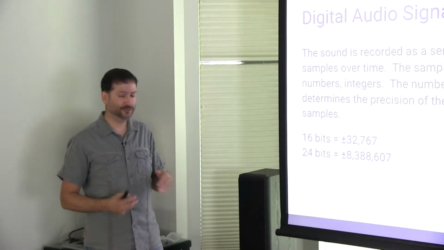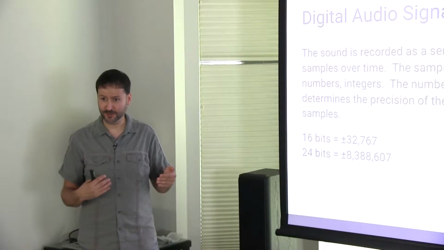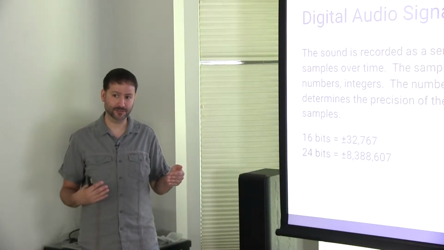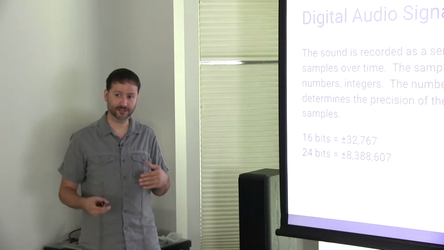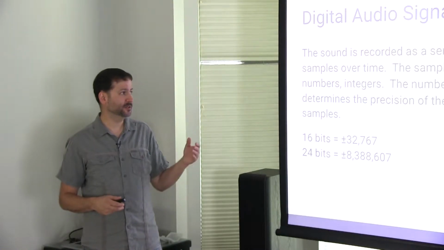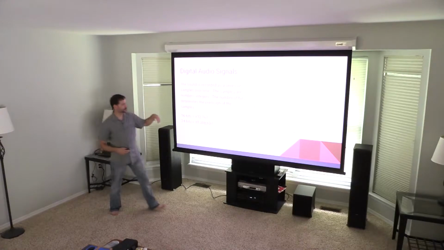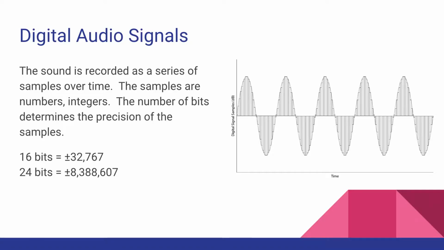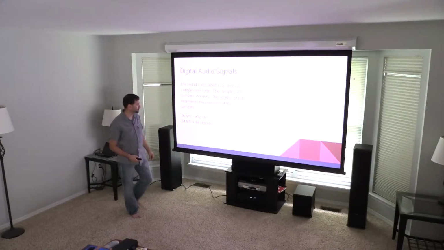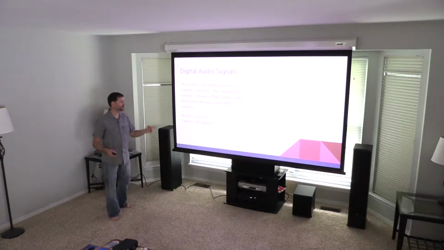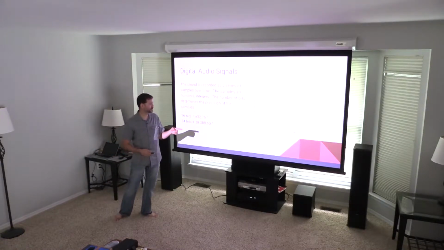But if we increase the number of bits that we have to store, we drastically increase the number of possible values that we have. And we're not changing the range of the voltage. What we're actually doing is creating finer detail of how precisely we're measuring and recording that voltage.